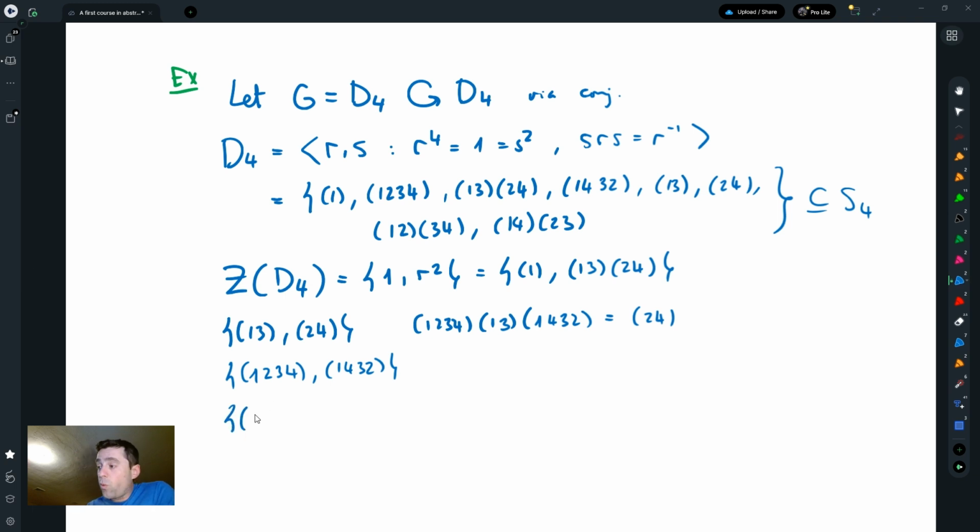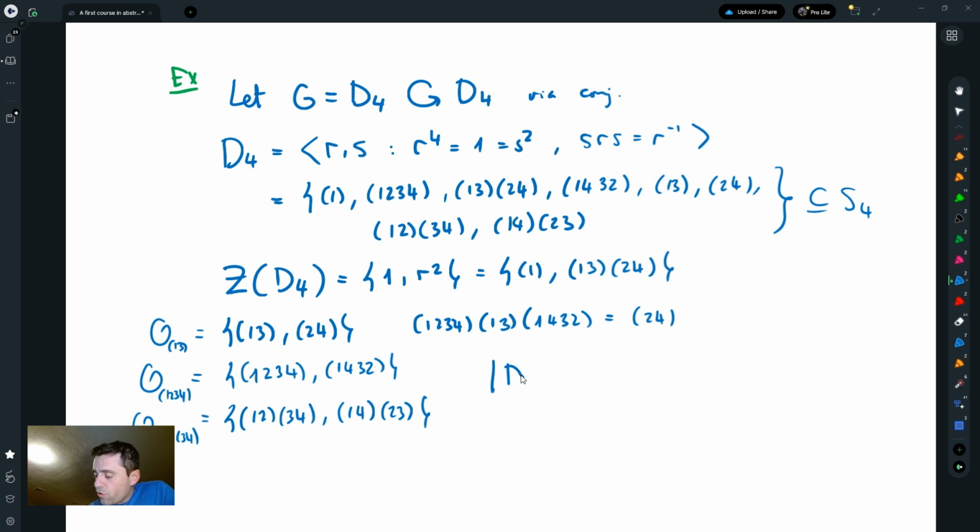And we are left with one other class, (1 2)(3 4) and (1 4)(2 3) are conjugate elements. So there is the center, and then the orbit of (1 3), and then the other two orbits, which are the disjoint non-trivial orbits.